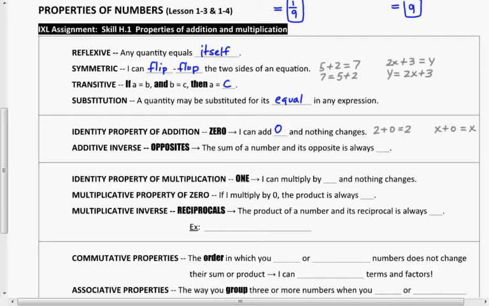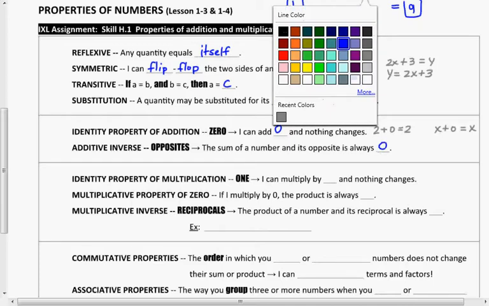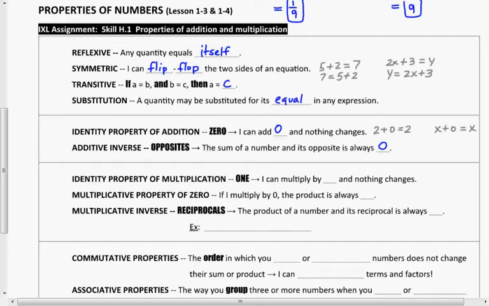The inverse property of addition says that if you have opposites, then the sum of a number and its opposite is always 0. So as an example here, 2 plus negative 2 is 0. Same thing would be true if you have 2x plus negative 2x. That would add up to 0. If you have something plus the opposite of that same thing, then the sum is going to be 0.